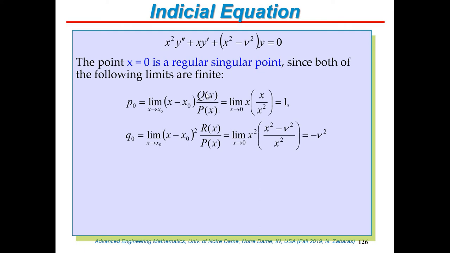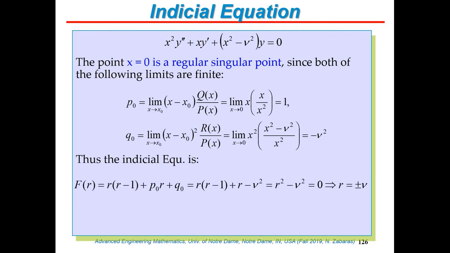So you can actually see q over p is x over x squared times x. So I'm taking x0 equal to 0. So x squared over x squared equal to 1. And this limit here is minus nu squared. So this defines the indicial equation as we have seen on the last lecture. So if you plug in p0 equal to 1 and q0 equal to minus nu squared, you get this quadratic equation, and immediately you can see that it has roots that are plus minus nu.